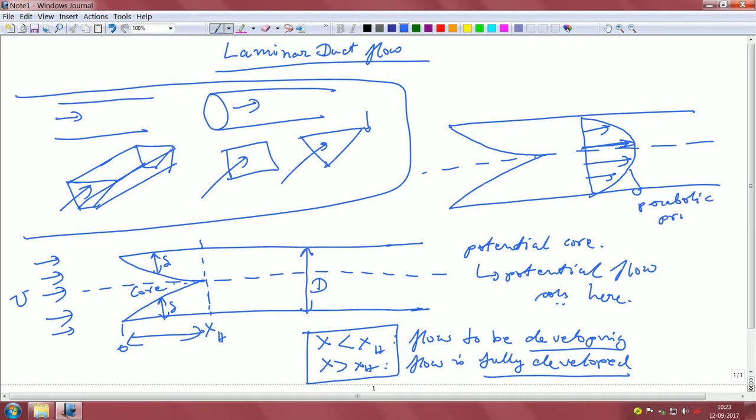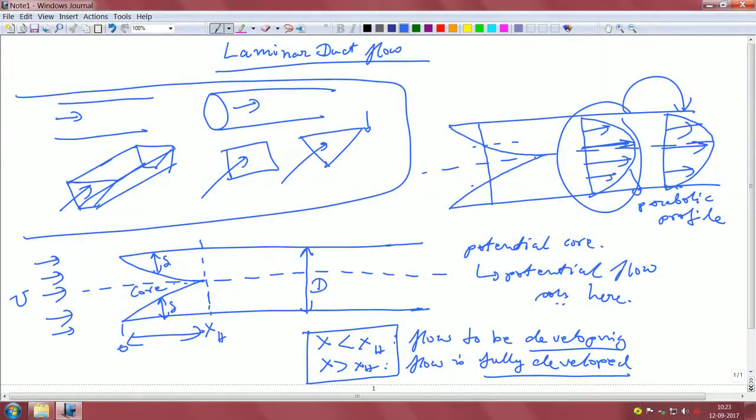And this profile actually we will find does not change with distance. So, you can take this profile and put it here, it would be the same. So, there is no change in the velocity, that is a fully developed profile's feature, that the velocity profile should not change. What about here in this particular section?